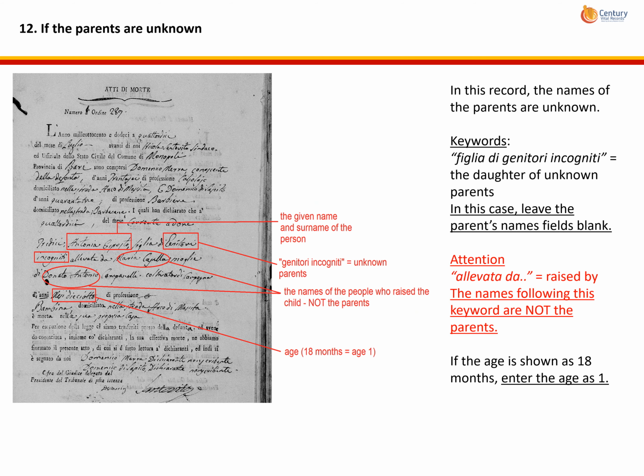If the names of the parents are unknown, make sure to not enter any other person's name in the parents' names fields. Look at the keywords indicating the name of the person or people who raised the child. The names following these keywords are not the parents.